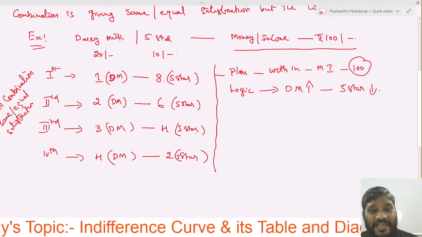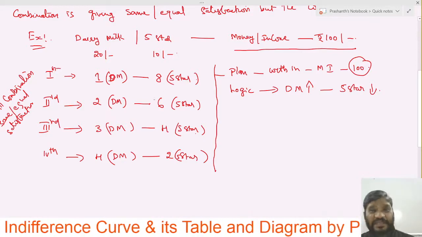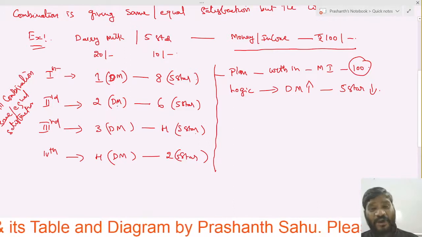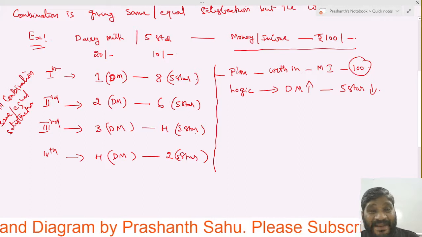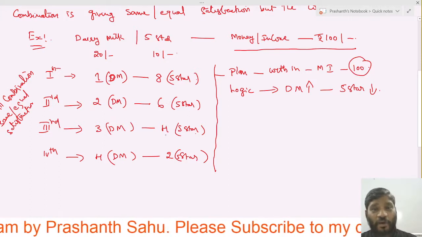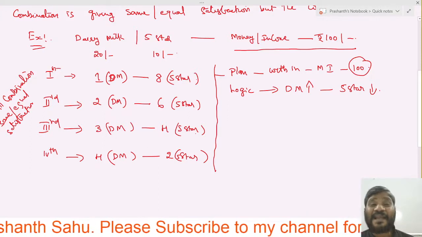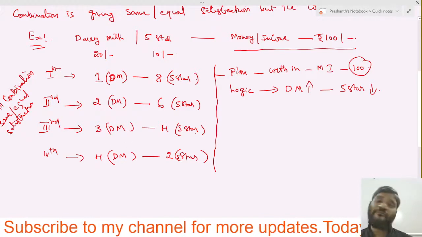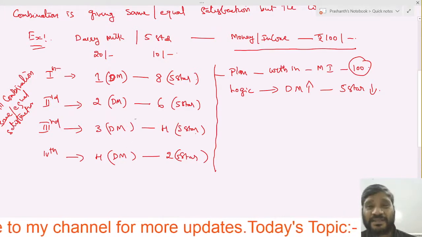When he decreased the 5-Star from 8 to 6, then only he was able to increase the Dairy Milk from 1 to 2. When he decreased the 5-Star from 6 to 4, then only he increased the Dairy Milk from 2 to 3. Right? By decreasing the 5-Star, he increased the Dairy Milk.